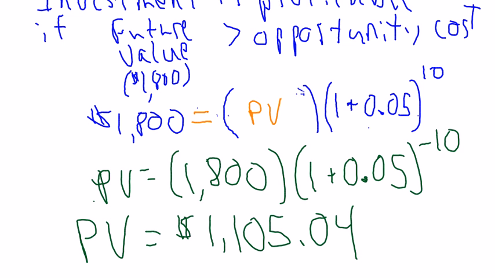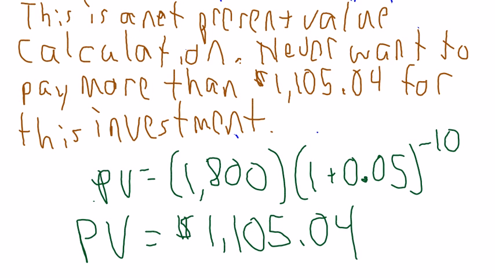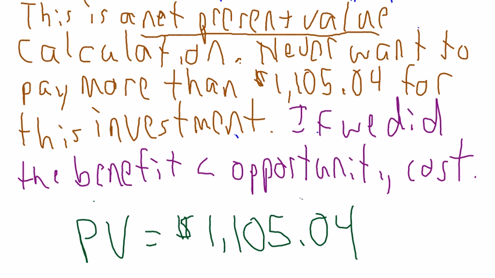And this calculation is what we call a net present value calculation. And what the number tells us is that we would never want to pay more than $1,105.04 for this investment. If we did pay more than that, then the benefits that we get would be less than the opportunity cost, which means buying that investment actually lost us money compared to what we would have done if we didn't buy the investment.